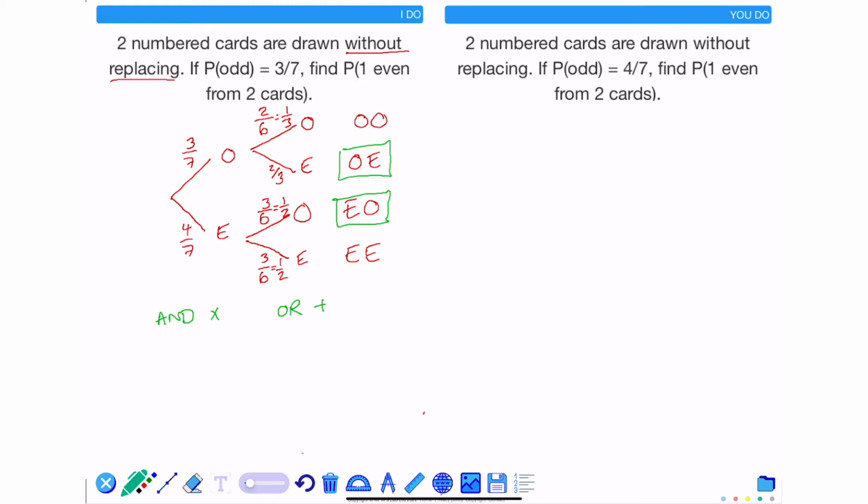So to calculate the probability of odd and even, I need to look at my diagram. 3/7 times by 2/3.